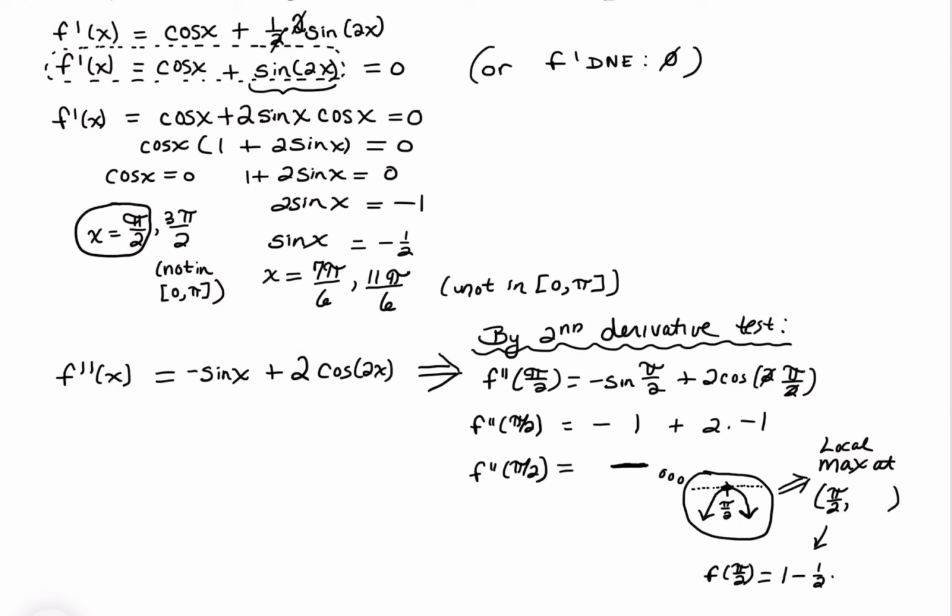So cosine at pi would have been negative 1, and so this would have ended up 1 plus 1/2, so this would have been 1.5. If you actually want the y-coordinates, you have to sub that back into the original. So this would be our conclusion by second derivative test.